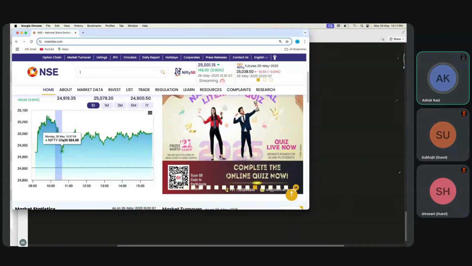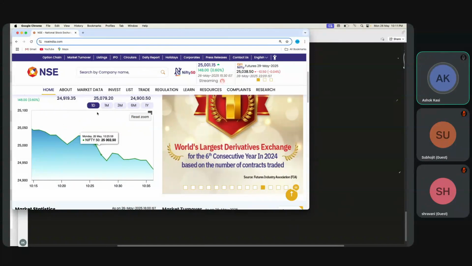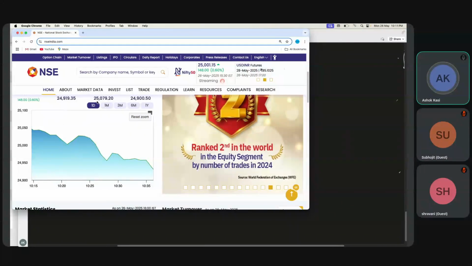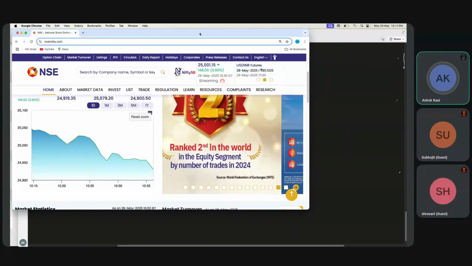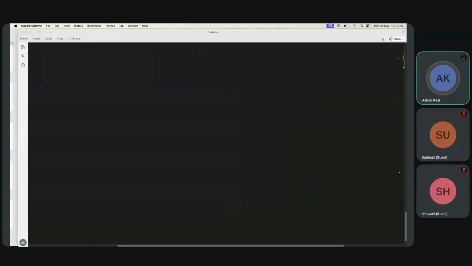This is a bulk deal. Somebody over the stock exchange has done a bulk deal and sold heavily. You understood what I said? The stock price is going up and suddenly it is falling down. So this is a bulk deal.